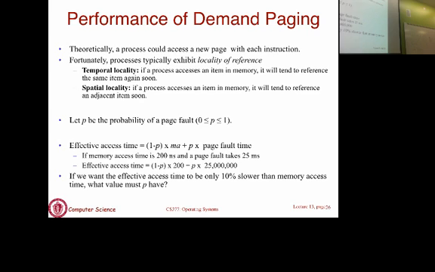So it's an effective time to execute an instruction. The average time to execute an instruction or average access time is 1 minus P times 200, just 200 nanoseconds, plug it in there, plus P times 25 million, which is 25 million nanoseconds of the page fault time. Okay. So you should understand that page fault takes 25 million nanoseconds, memory access takes 200 nanoseconds.